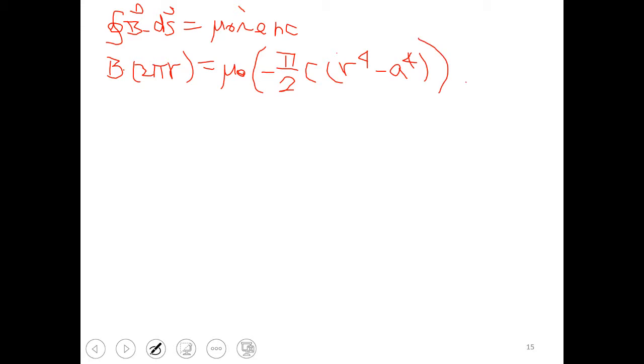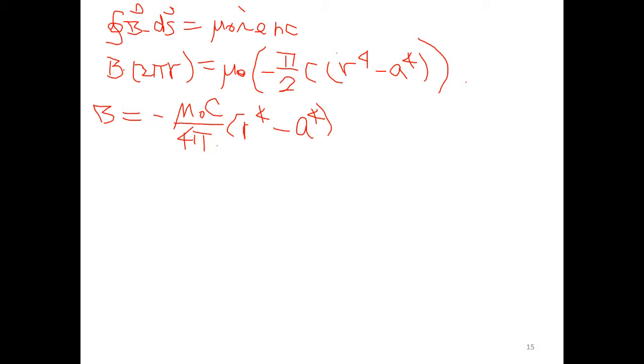So finally, we can write it as B equals minus mu 0 C over 4 pi, r to the 4th power minus a to the 4th power. Okay. Sorry, this one should be r rather than pi.